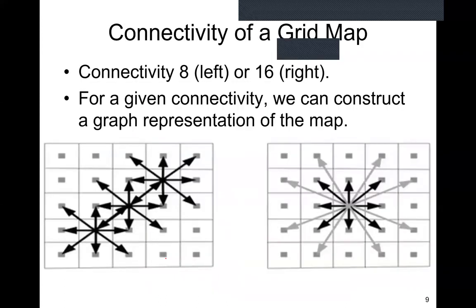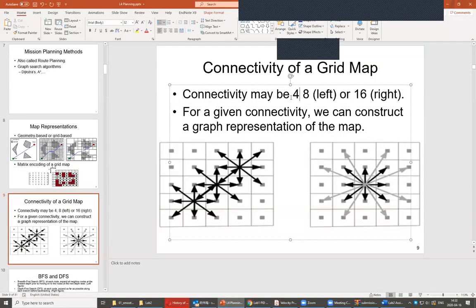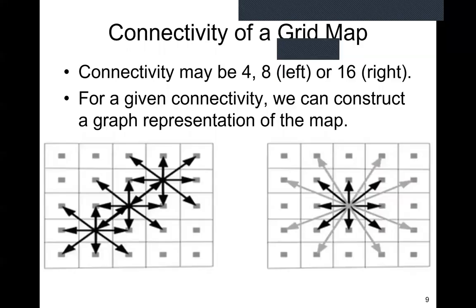And then given the grid, you can select a connectivity. Could be 4 or 8 or 16. So if it's 4, then you can travel up, down, left, right. If it's 8, you can perform diagonal travel direction.